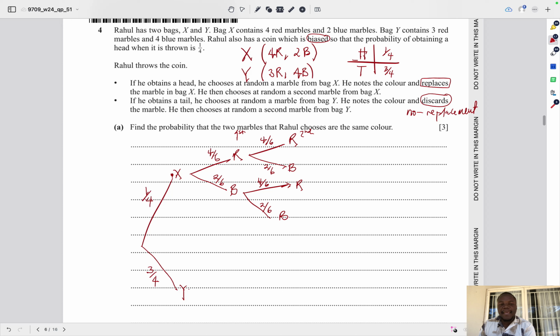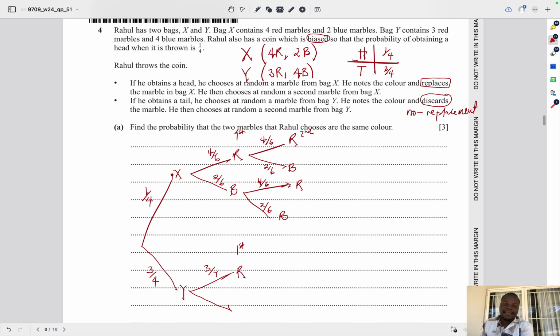Now when we pick of bag Y, the probability of getting the first red ball in the first pick, so I'm going to put first here. Okay, in bag Y we've got 3 red balls, so it's going to be 3/7, since we've got 3 red balls and 4 blue balls.